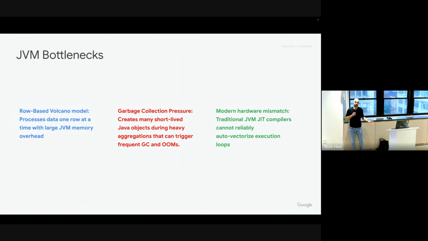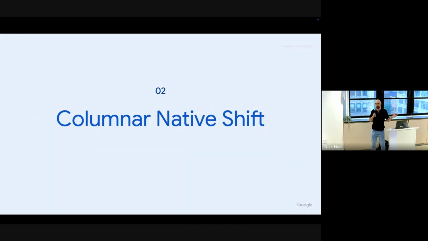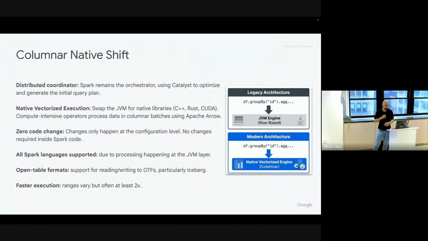So what can we do about it? Well, we can move to columnar. I call this the columnar native shift. What this means is that we want to take the Spark code that is being run on the JVM and convert it or have it run in a different runtime that is better suited to columnar data processing.